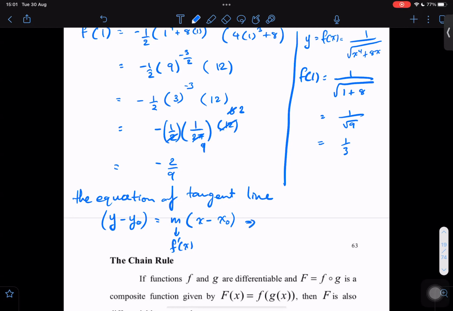So this will become y minus 1/3 equal to minus 2 over 9 times x minus 1, like this. If you want to rearrange the equation, that's up to you. If you want to change it to y equal to something, that's also possible. You can do it yourself.